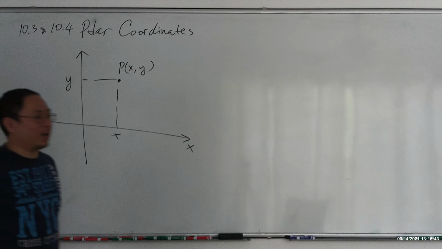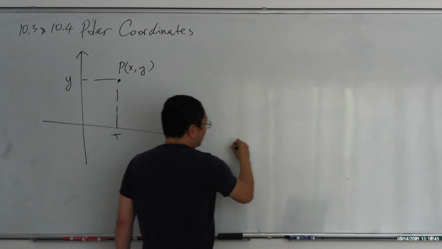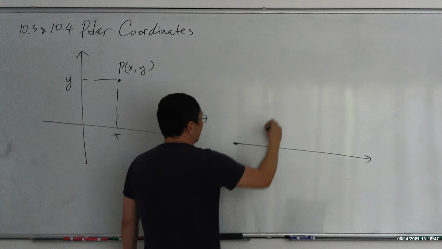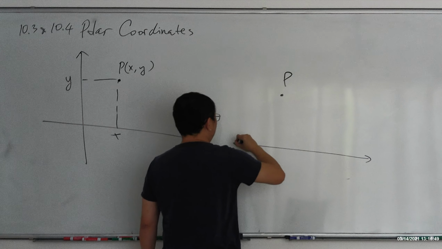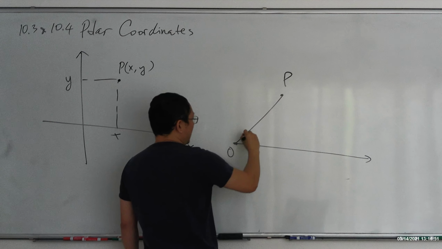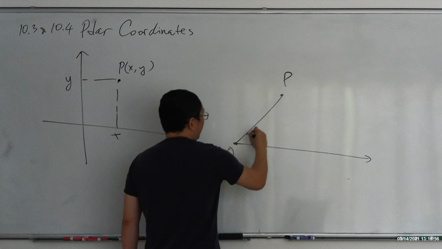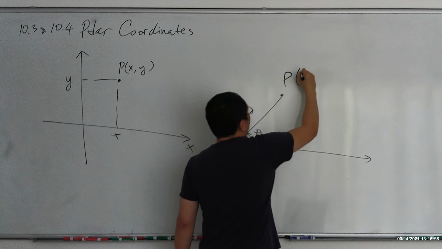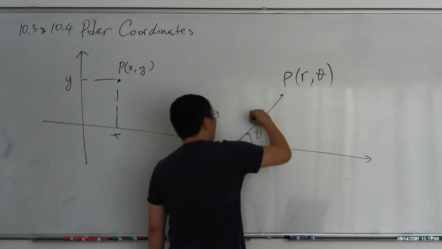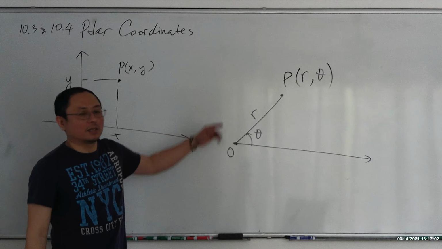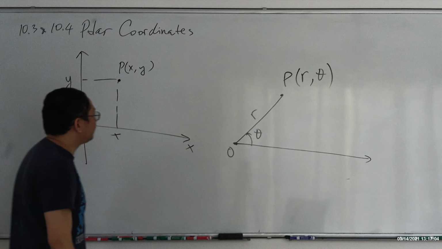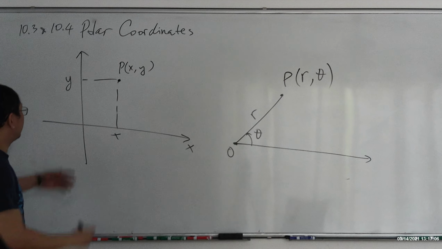For polar coordinates, we only need to use one axis, the x-axis right here. To indicate a point, we need two things: the distance to the origin and the angle it makes with the x-axis. Okay. So the point P right here is denoted by r comma theta, where r is the distance to the origin, the radius, and theta is the angle. So let's put it in there.